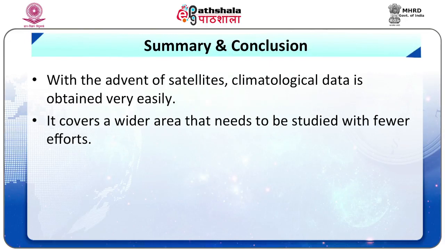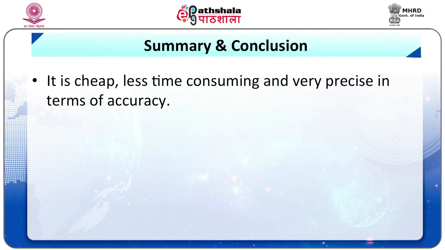With the advent of satellites, climatological data is obtained very easily. It covers a wider area that needs to be studied with fewer efforts. It is cheap, less time consuming and very precise in terms of accuracy.